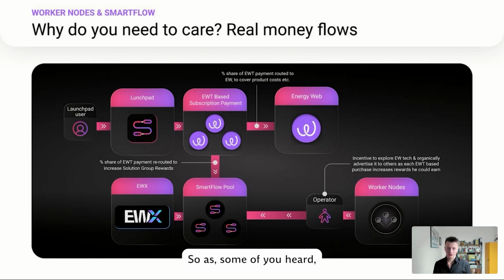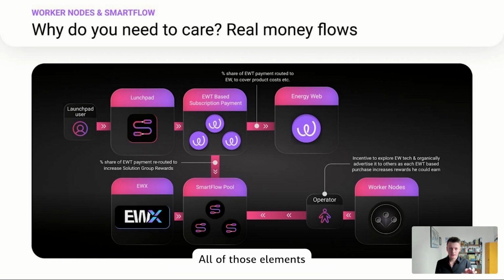So as probably some of you heard, recently we have released the EWT-based payments for the Launchpad. And also what you have seen in this session is that most of the projects that Energy Web is building alongside those various use cases have in their diagrams and their architecture various components from our ecosystem, whether those are RPCs of the Energy WebX or Energy Web Chain, whether this is Smartflow to be used for creation of the solution groups or the capturing of the business logic, or the worker nodes themselves as runners to be able to execute that logic.